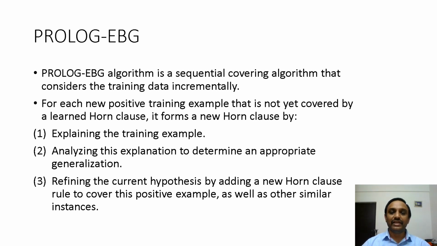So briefly, we are adding Horn clauses to the set which covers new positive examples. We have to continue this process until no positive example is left out.